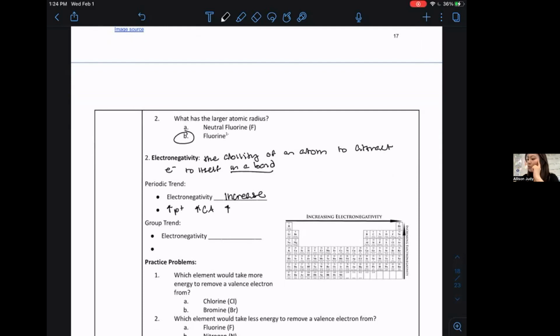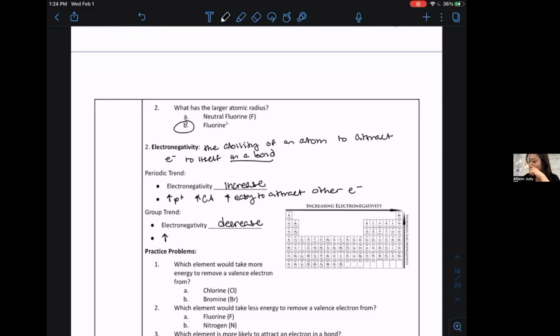And so that means you're going to be really good at attracting other electrons, right? Now down a group, we see it decrease. You have higher energy levels. That means your Coulombic attraction is going to weaken. That means it's going to be harder to attract other electrons in a bond.